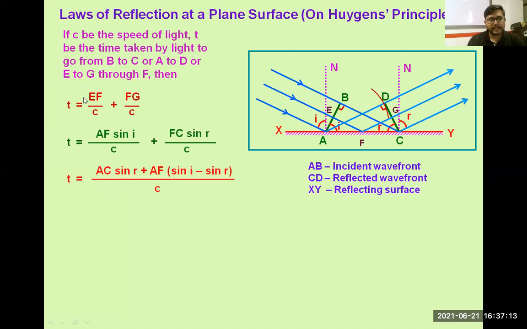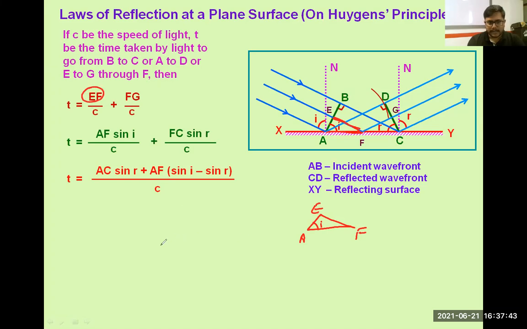After that, in place of EF, from geometry, we can write AF sine I. How? If we consider AF, this is our AF, and this distance we have written. If you consider this triangle, let me draw here. This angle is I, this is our AF, and this is our EF.